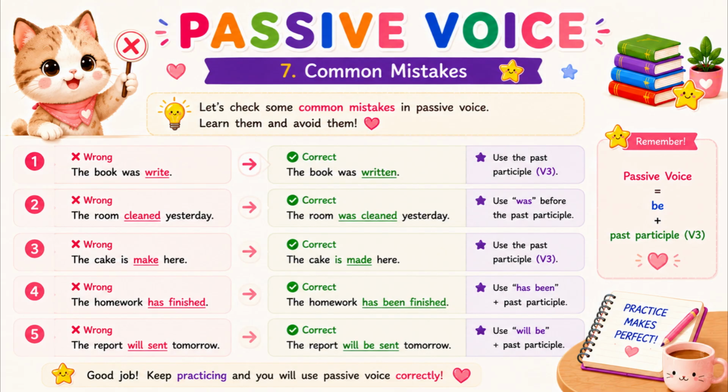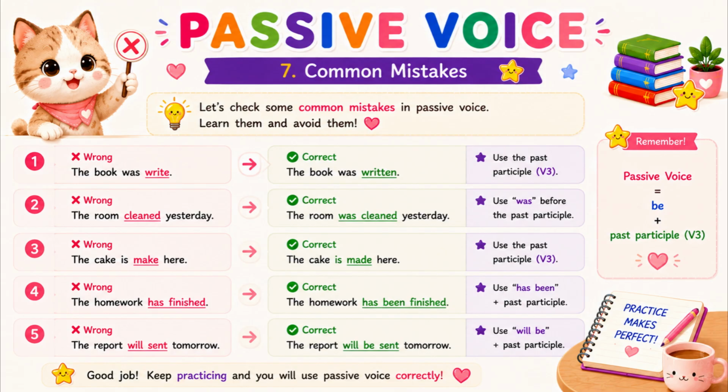Number 4. The wrong sentence is, the homework has finished. The correct sentence is, the homework has been finished. In the present perfect passive, we use has or have plus been plus the past participle. Number 5.